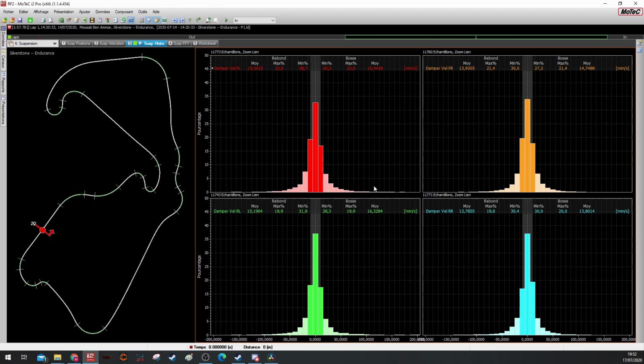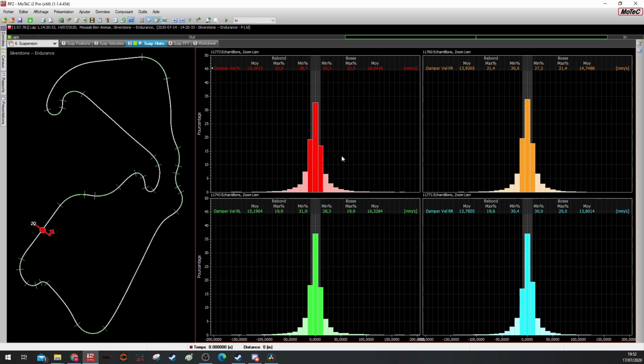This is what I understand when I read these figures. And when I concentrate more on the same graphic, let's take the front left in this example, I aim to have a balance between the rebound history, so frequency, etc., and the compression history or frequency. I aim to have both sides work at the same speed.